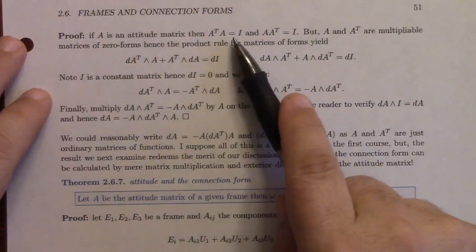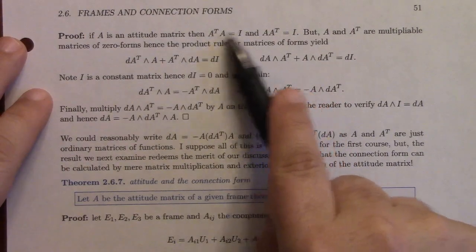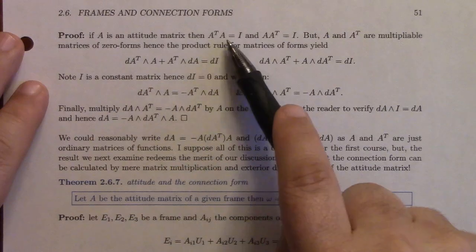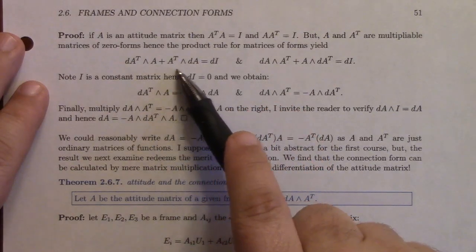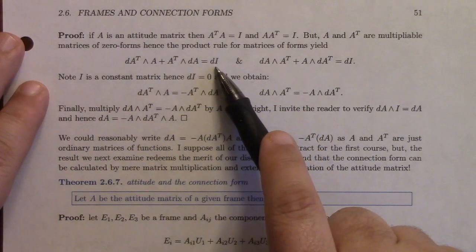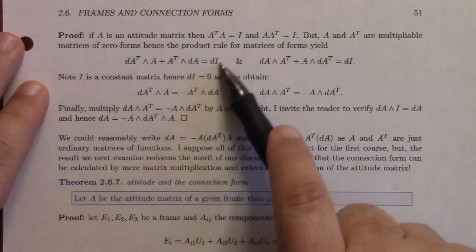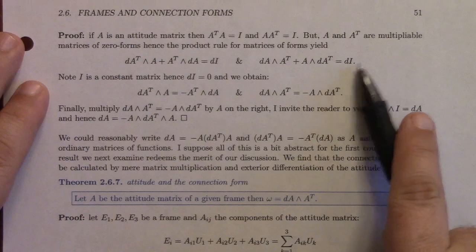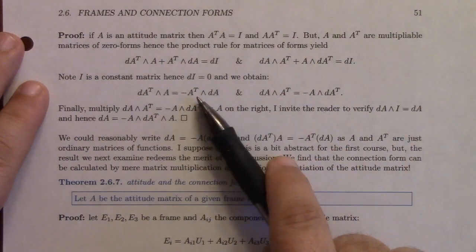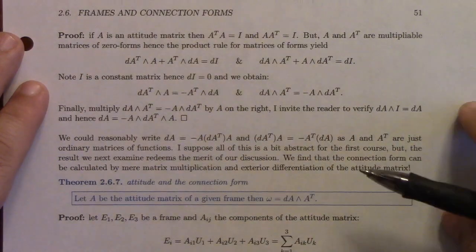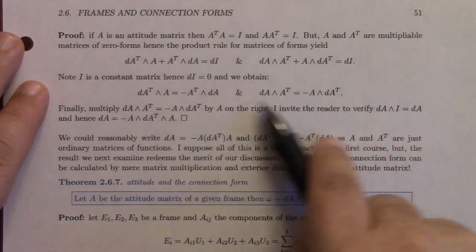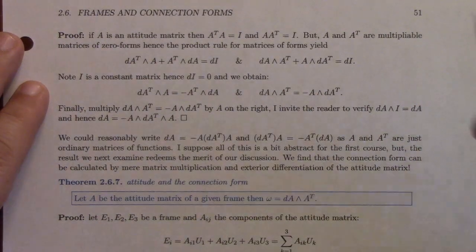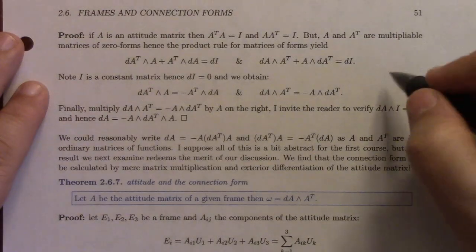So we have A transpose A equals I, so we differentiate that. And when we differentiate that, we get dA transpose wedge A plus A transpose wedge dA equals dI. But I is a constant matrix, so dI is just 0. And similarly for the other multiplication, we have that. So that's 0, and that gives us this and that. And remember, A transpose A is the identity.